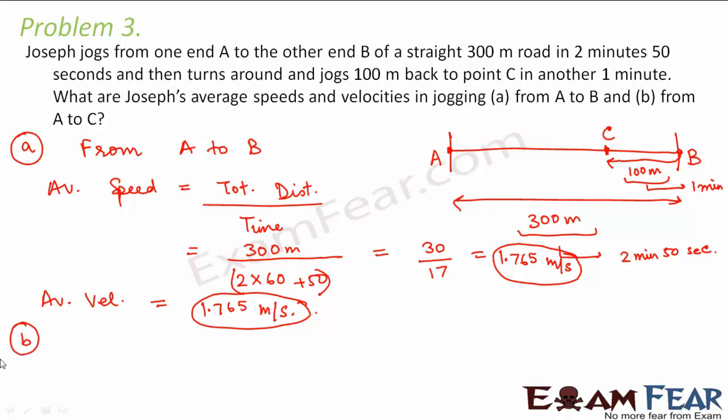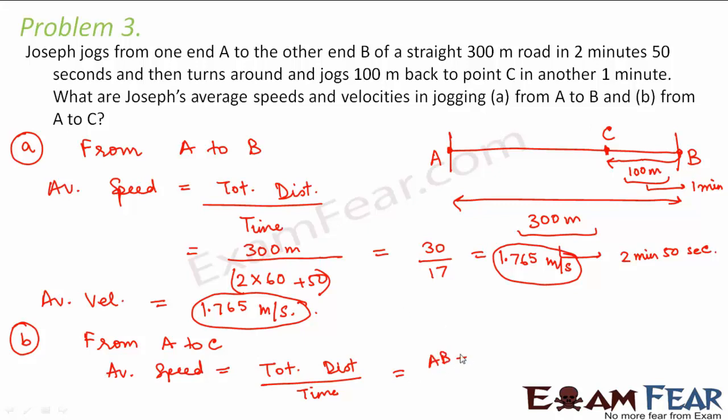Now let us look at the second part, that is from A to C. From A to C, in this case, what would be the average speed? Average speed would be the total distance divided by the total time taken. So in this case, total distance would be A to B plus B to C. That means this will be AB plus BC divided by time taken. So time taken will also add up.